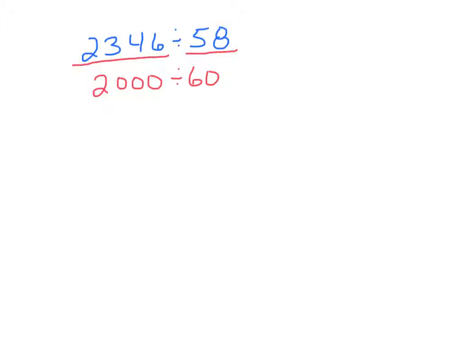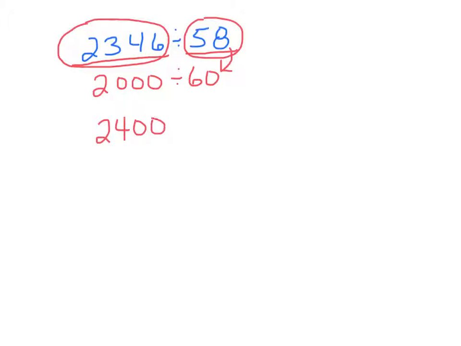So I'm going to go back to what I started with. I started with 2,346 divided by 58. Well, that 58 is very close to 60. So I'm trying to think about, well, what number could I make that 2,346 so it would be compatible with that 60? Well, 2,346 is somewhat around 2,400.